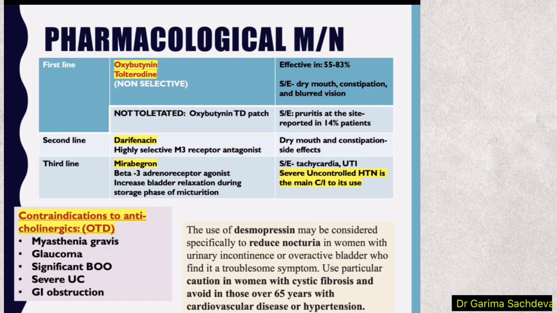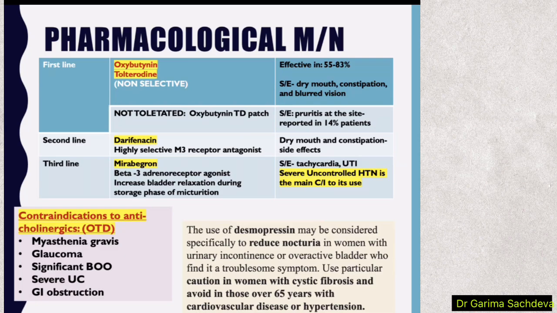So the first line and second line are anticholinergics. With darifenacin there is no blurred vision, only dry mouth and constipation. This one is non-selective, whereas this is selective. Selective means it acts directly on the M3 receptors; there are M1, M2, M3 receptors.